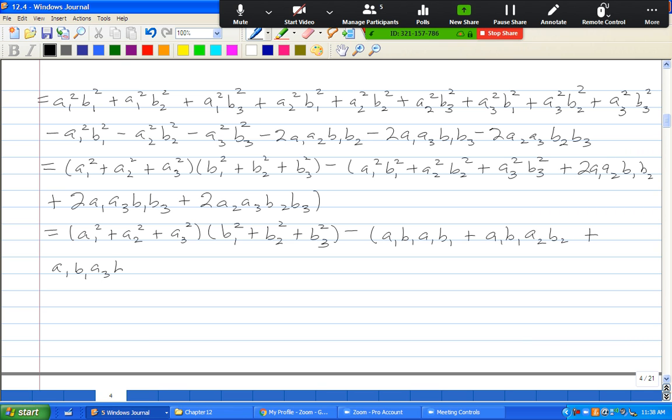Okay, so I factored out the A1 B1s, and those are remaining.